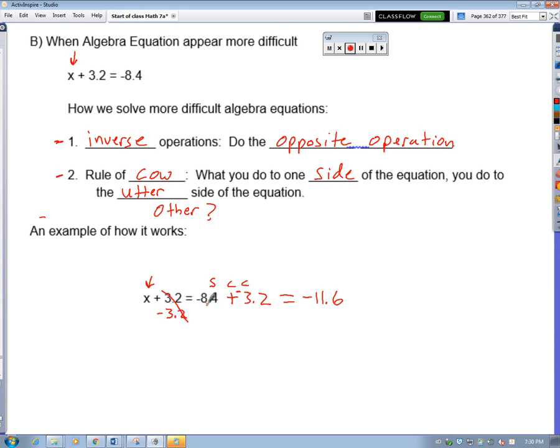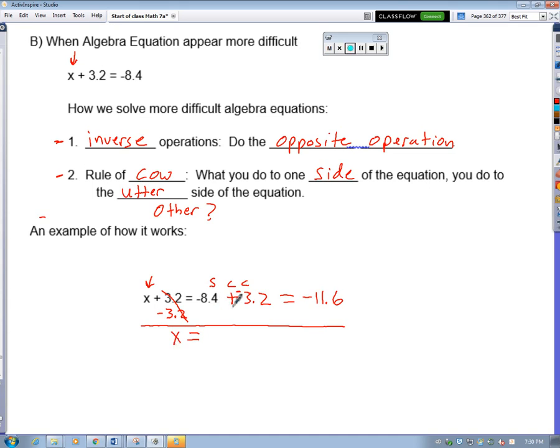Now, look at this. This kind of got a little messy up here. Okay? So I'm going to draw a line underneath everything I did, bring down my equal sign, then I'm just going to bring down everything I have left over here on these two sides of the equation. Since I got rid of the 3.2, I canceled it out. I am left with the x over here on this side.